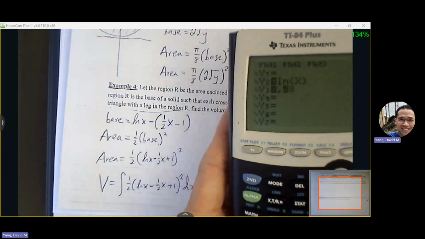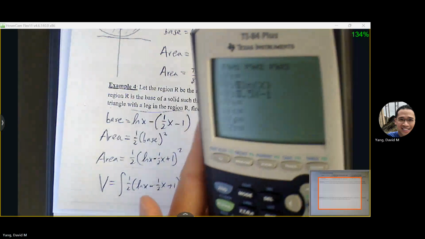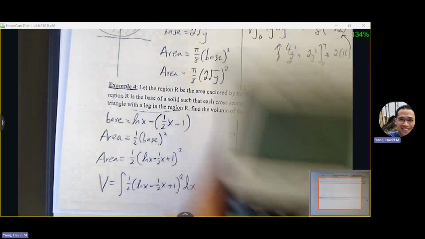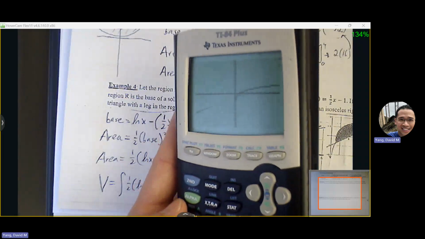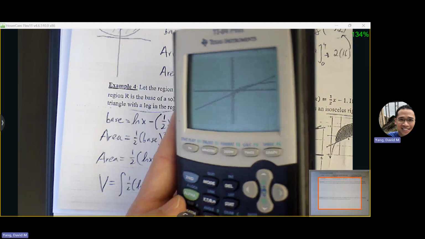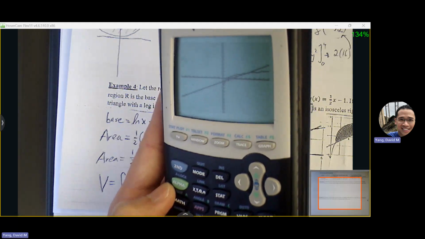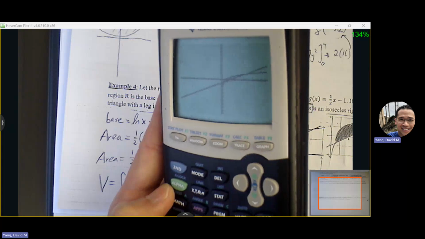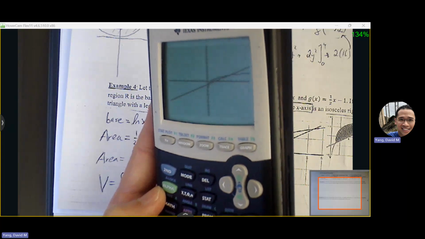You can say 0.5x minus 1, so you don't have to deal with fractions. I hit graph, or I do zoom 6. If you don't like how that graph is looking, it still looks a little bit zoomed out too far, where it's hard to distinguish the space in between.